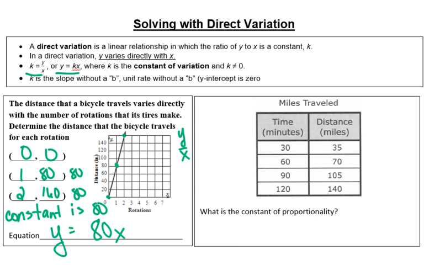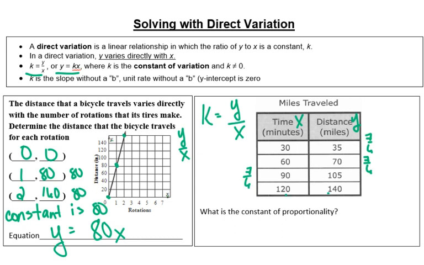On this next one, this table, it says, what is the constant of proportionality? To find the constant of proportionality, that's k, you're going to do y divided by x. Time is always an x because time is not dependent on anything. 35 divided by 30 gives 7/6. 70 divided by 60 gives 7/6. 105 divided by 90 gives 7/6.